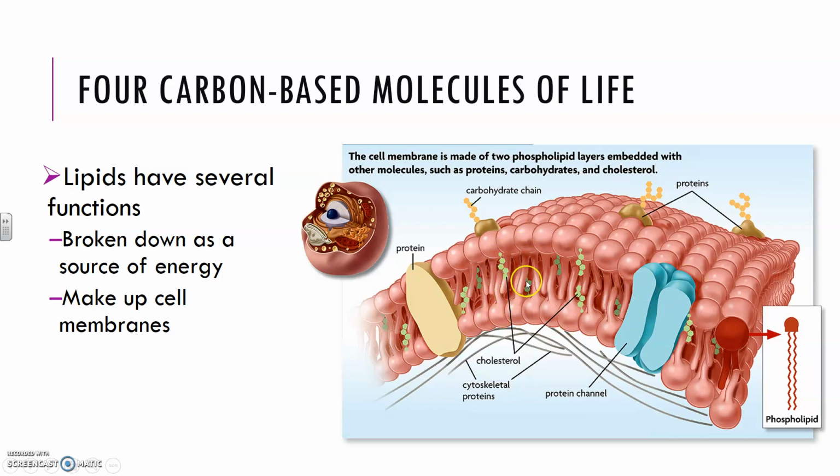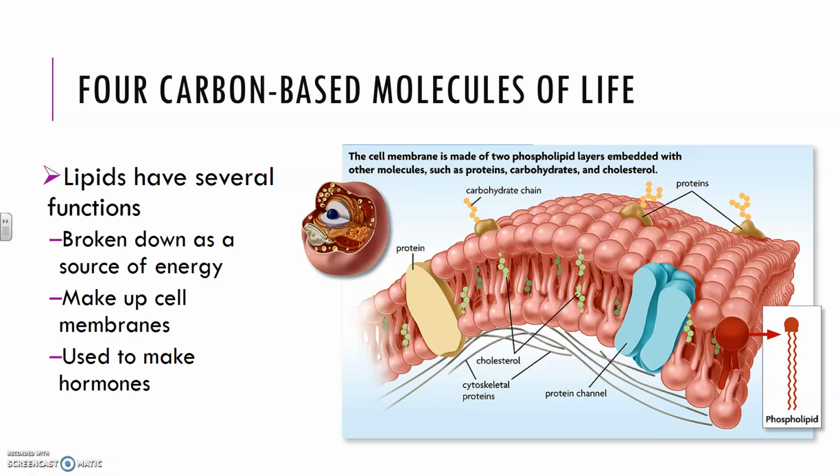You have your lipids here. So this is the glyceride, or the glycerol, would be about here. And then you've got your fatty acid tails coming off of it. You also have proteins, which we'll talk about in the next section, and then different channels. So all of this has a very specific purpose to the cell. And again, we're going to get more in depth into that when we start talking about animal and plant cells.